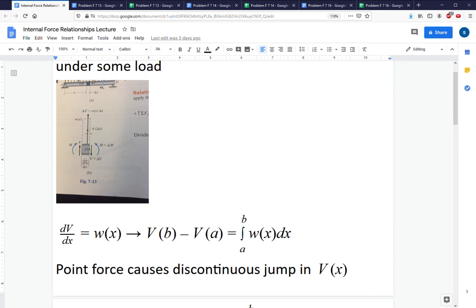So this upward shear, plus W times delta x, equals this downward shear. In calculus terms, V of B, which in this case is the right, minus V of A, which is the left, is equal to the integral from A to B of W of x dx.